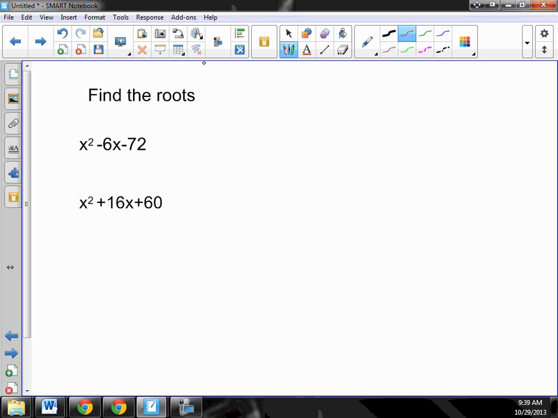So for this one, if the last sign is positive, what does that tell me? Factors have the same sign. If the middle sign is positive, then they're both plus. So x plus, x plus. Now we factor 60. 1 and 60, does that create a 16? No. 2 and 30?